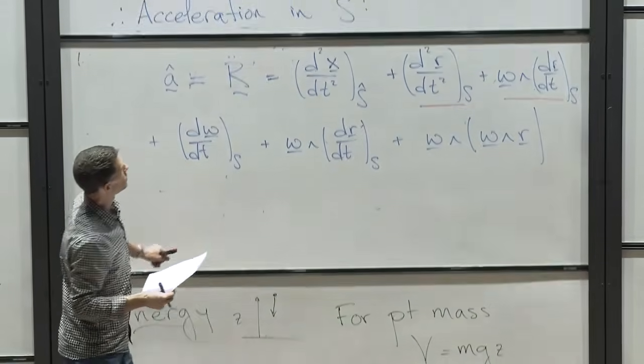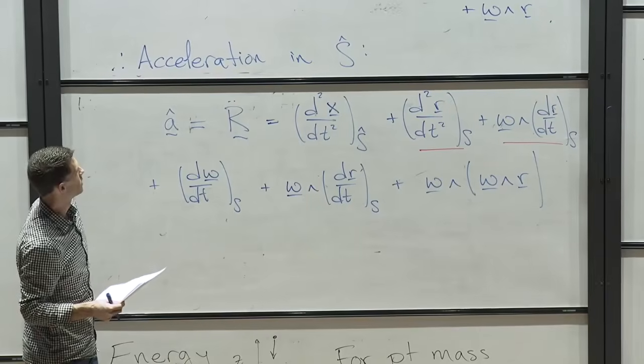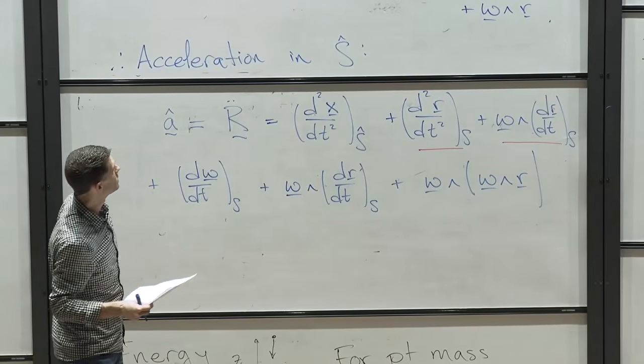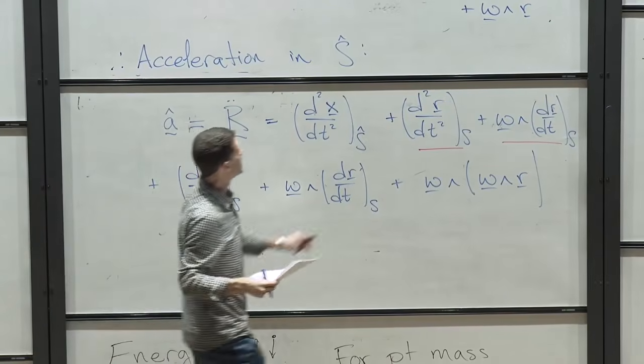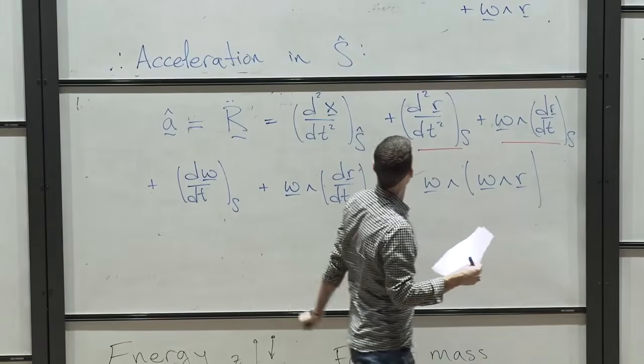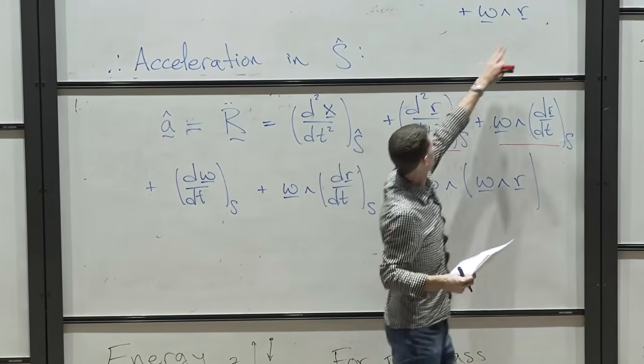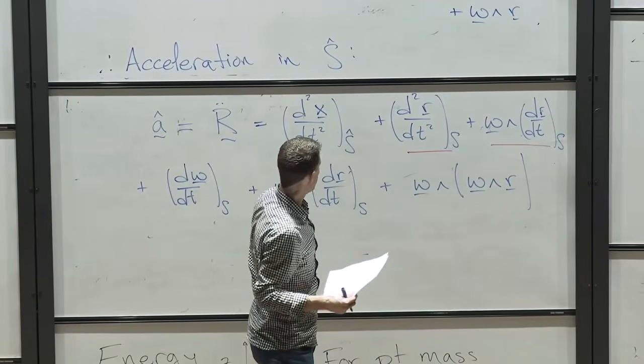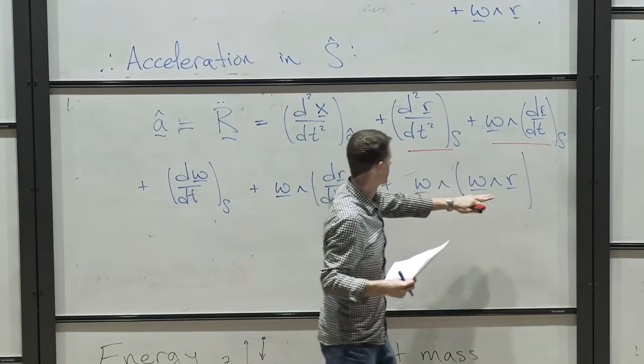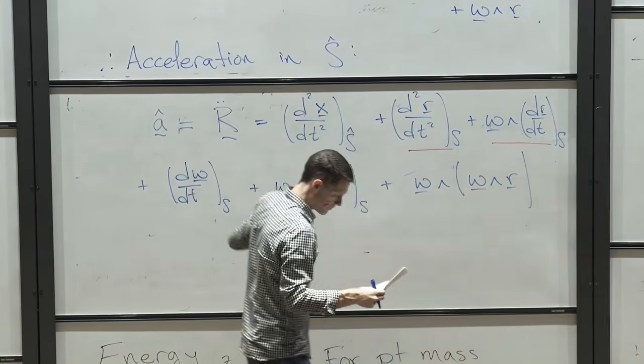Right, so when I take d/dt of this guy, I should get an omega cross dr/dt in the S plus an omega cross the omega cross r.